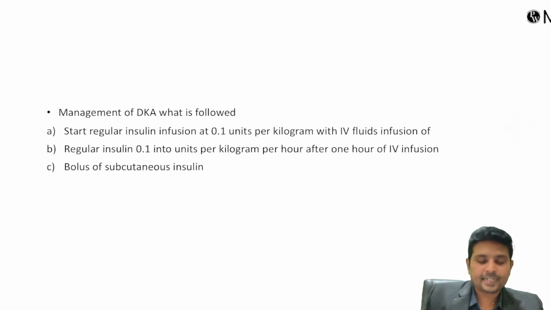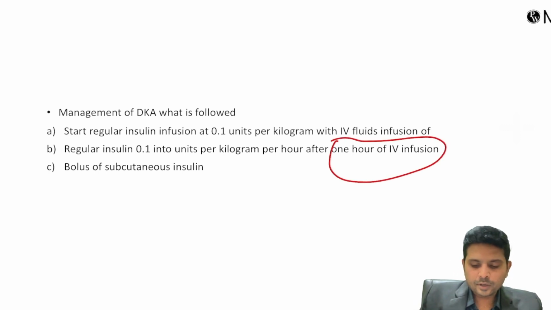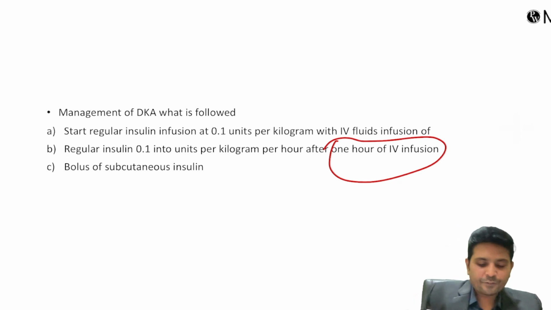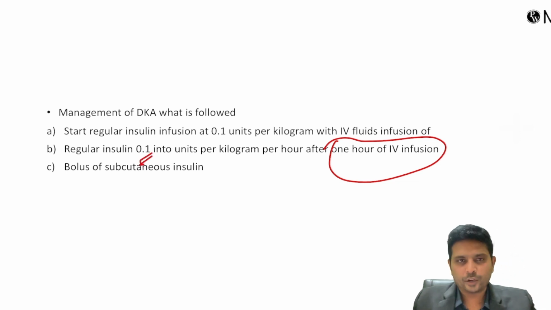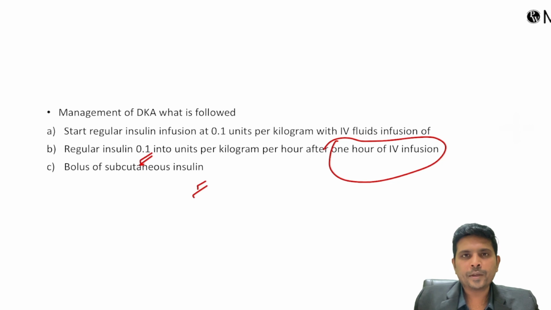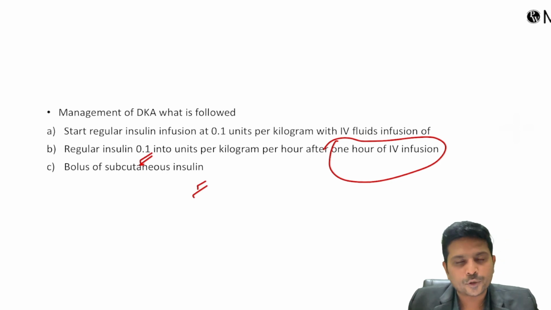That has to be corrected first, so 20 ml per kg of normal saline should be given, followed by regular insulin. Right now, people have included subcutaneous insulin also, but for you people, the answer should be B. Correct dehydration first, followed by starting regular insulin after the correction of dehydration.